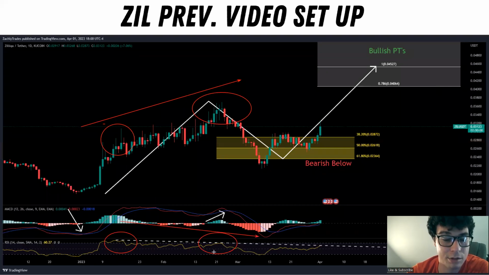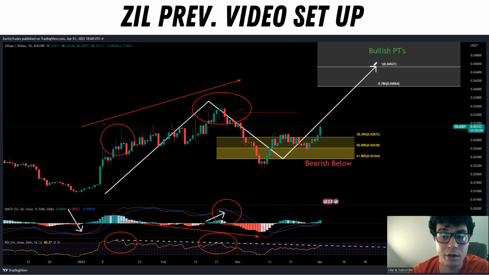We're losing relative strength as the price of the token is going higher. This is known as bearish divergence. Then we ended up getting a MACD sell signal as well shortly afterwards. So if you're ever looking to protect your trade or your profits, when you start seeing some of these signals flashing, this is a good time to manage your risk accordingly and get some type of protection on the play.